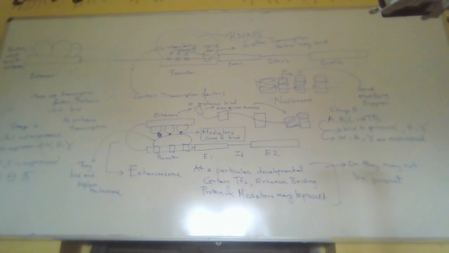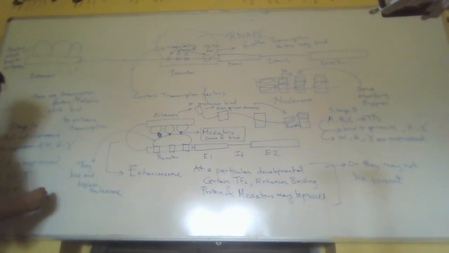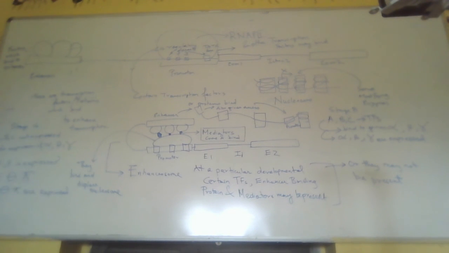These three genes, epsilon, theta and pi, are expressed. So at different stages, you have different sets of genes differentially regulated.